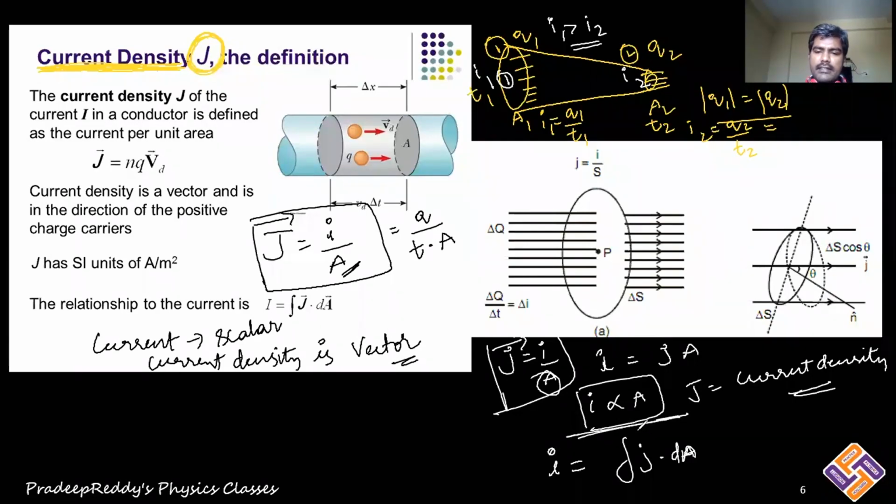As I is scalar, you take J bar and A bar, that is the dot product of current density and area of cross section, which gives you electric current. Fine, so that is the definition of current density. We will see some applications of current density in the next video lecture.